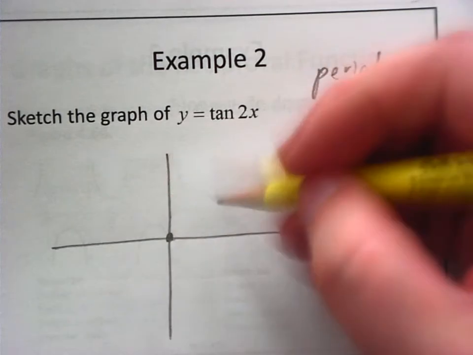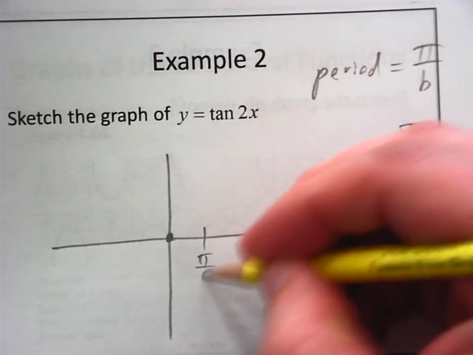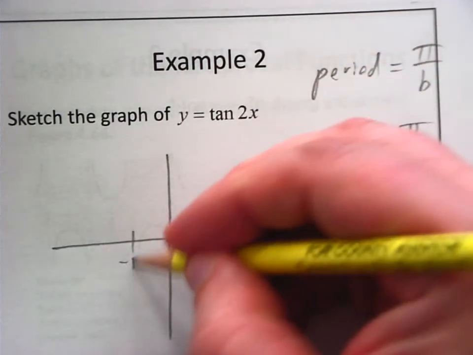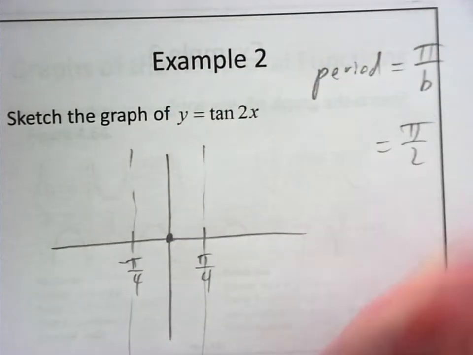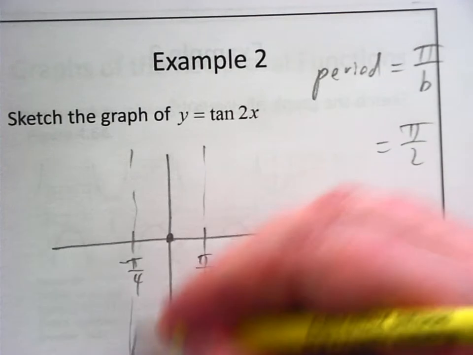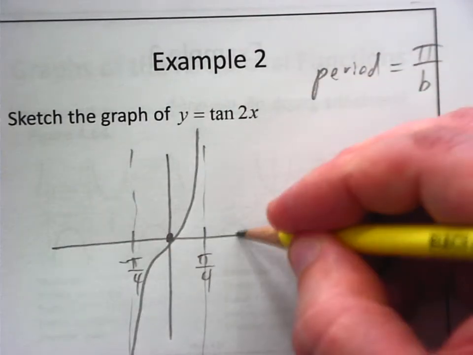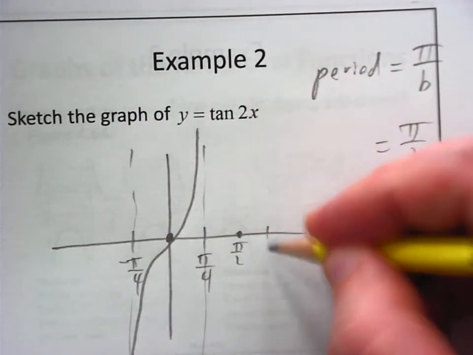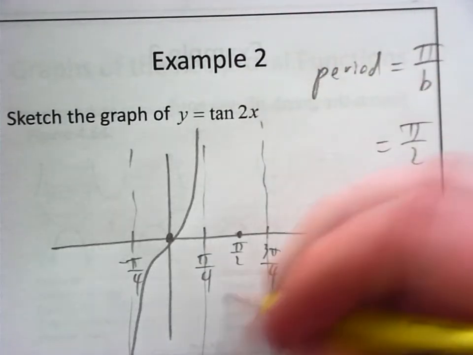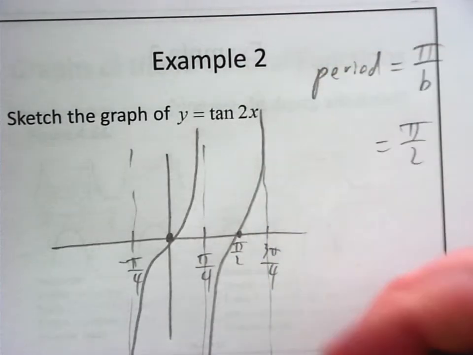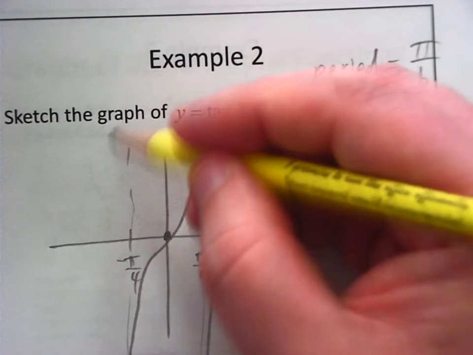The whole overall. So I'm going to go left and right pi over 4 in order to get that to be pi over 2. Okay? And then again, that's going to go up and through the origin. It's going to hit the origin again at pi over 2. Then at 3 pi over 4, it's going to have another asymptote. And it's just going to repeat like that. So on and so forth.